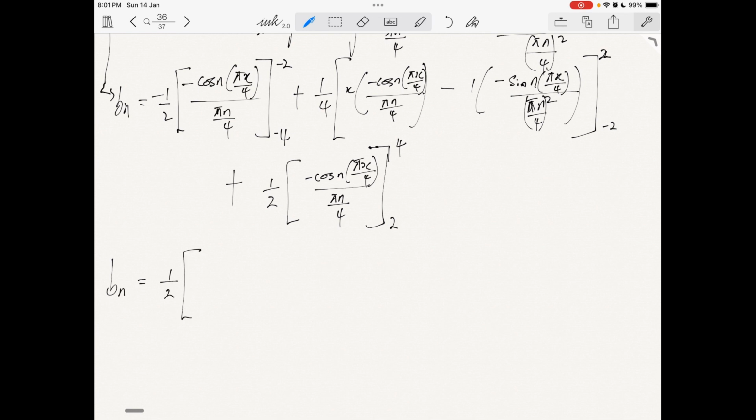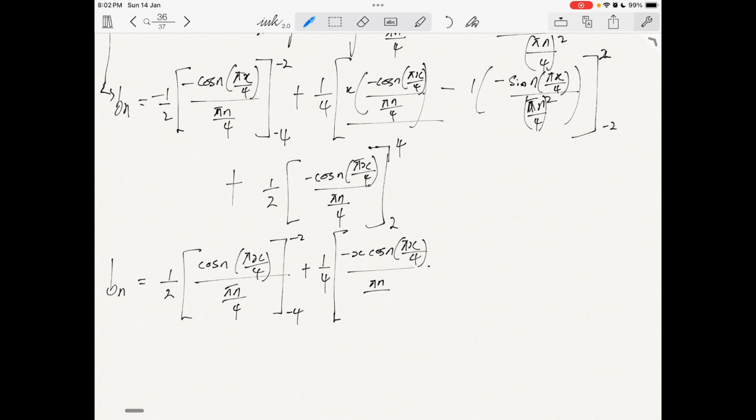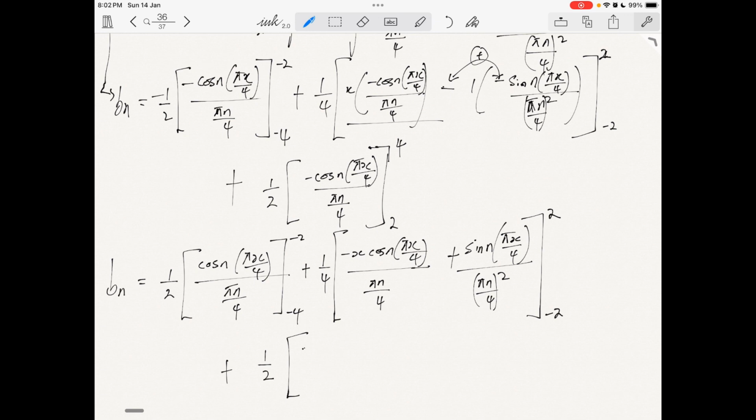So we have 1 over 2 into cos n pi x over 4 divided by pi n over 4, everything from minus 4 to minus 2, plus 1 over 4 of minus x cos n pi x over 4 divided by pi n over 4, and this minus multiplies this minus, and we'll have a resulting answer of plus sine n pi x over 4 divided by pi n over 4 squared from limits of minus 2 to 2, plus 1 over 2, or this one turns to minus 1 over 2 because of this minus here, of cos n pi x over 4 divided by pi n over 4 from 2 to 4.